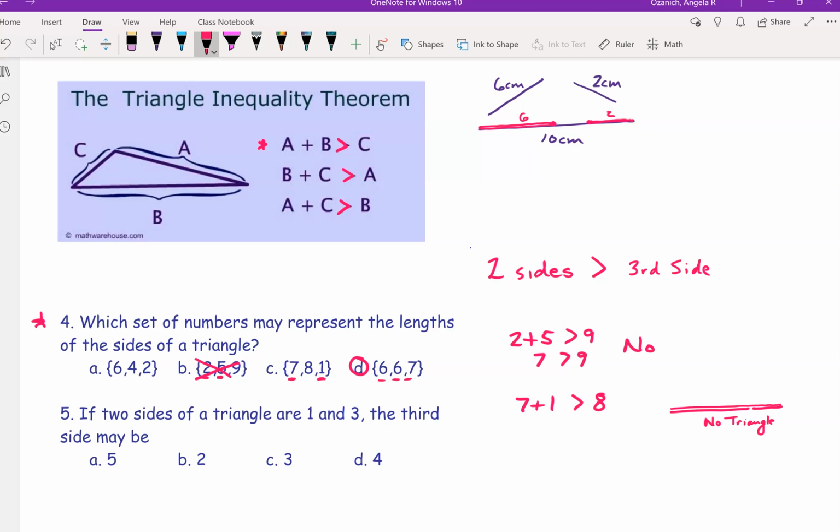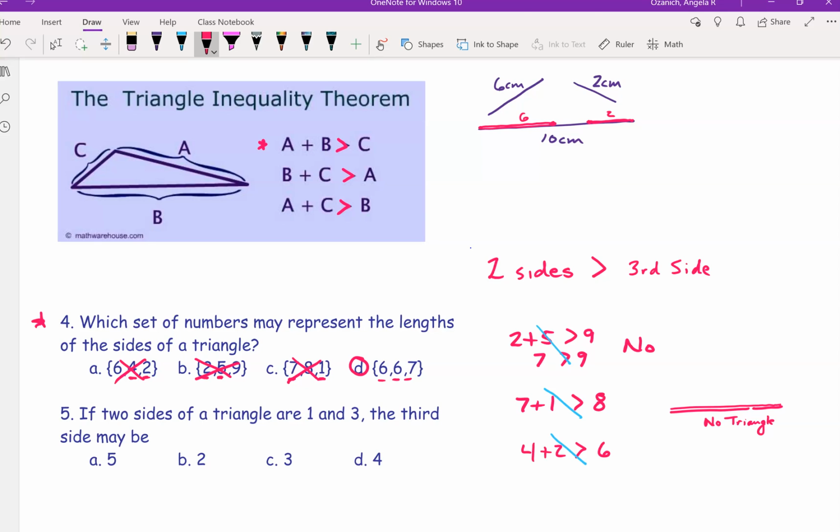So they cannot be equal. It has to be a little bit greater. So this is not going to work. The same thing happens here with the 4 and the 2, because 4 plus 2 is not greater than 6. It's actually equal to 6. So this one doesn't work. That one doesn't work. This one didn't work. The only one that worked was D.